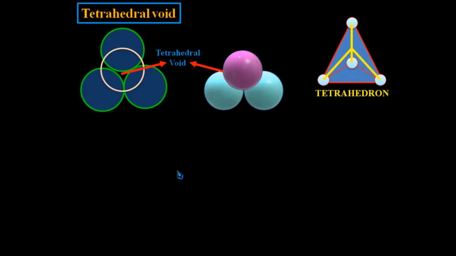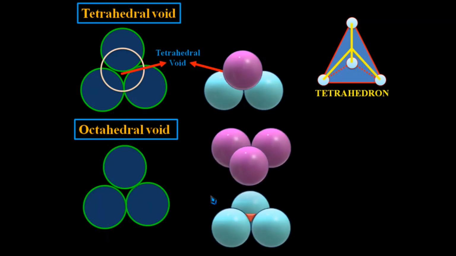Then we discuss the octahedral void. The vacant space formed by two equatorial triangles with apices in opposite directions is called an octahedral void. This type of void or site is formed at the center of 6 spheres.